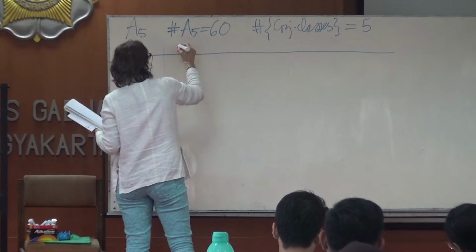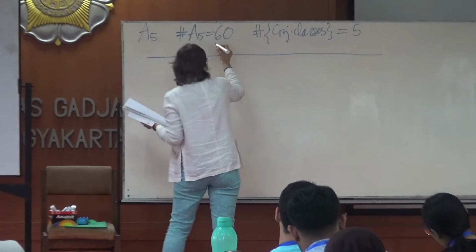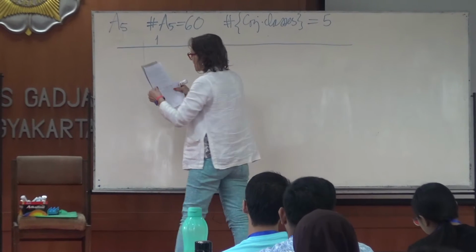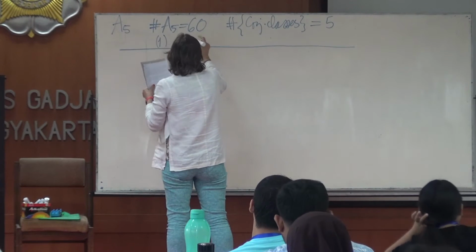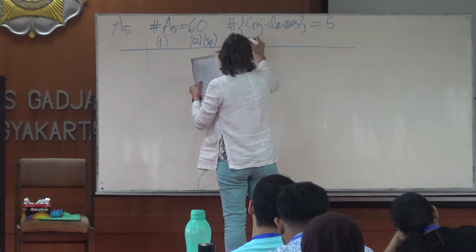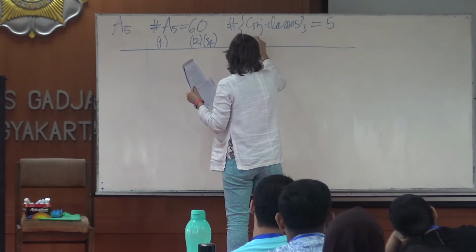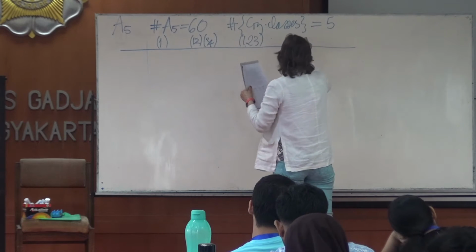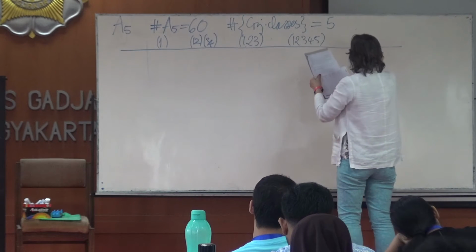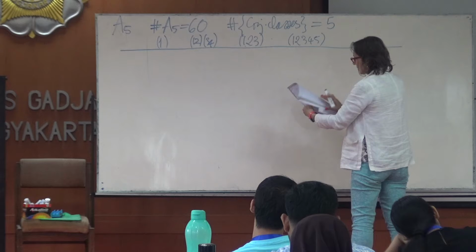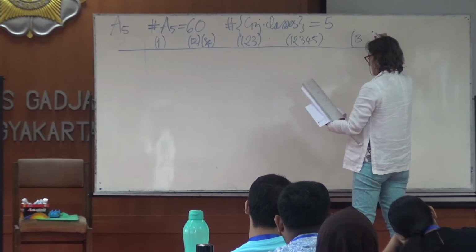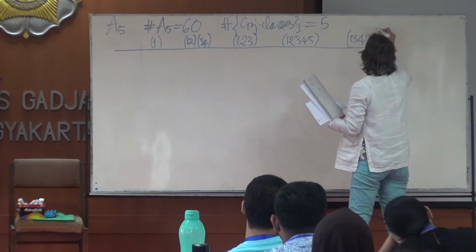So we have the equivalence class of 1. I try to use the same order and same notation as in the exercise sheet, the text. So 1, then we have the 2 cycles, (1 2)(3 4), 3 cycles, (1 2 3), then the 5 cycles, (1 2 3 4 5), and the equivalence class of another 5 cycle, which is (1 3 4 2 5).